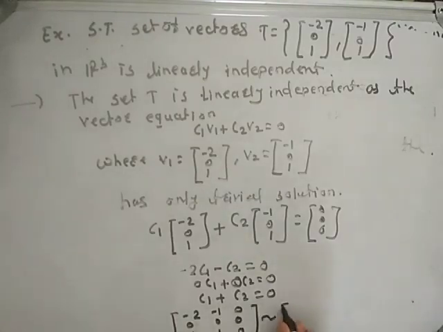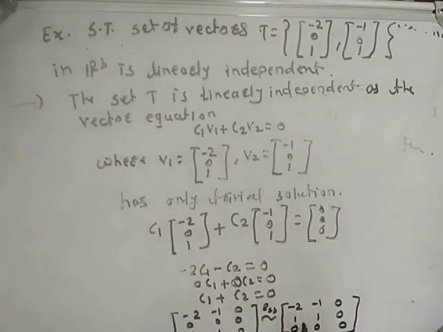Here we will perform a row operation, interchanging rows, to obtain the row echelon form of this matrix.